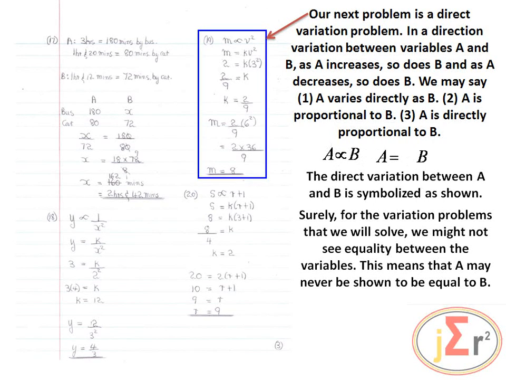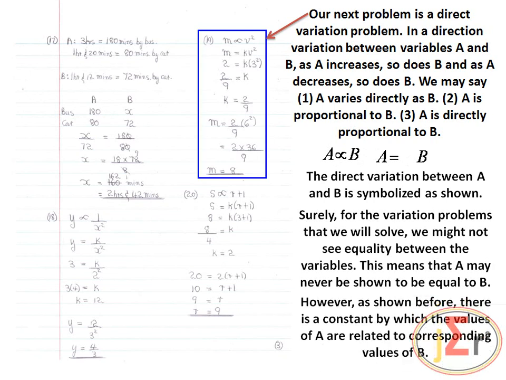Although we may not see equality between A and B, however, as shown before, there is a constant by which the values of A are related to the corresponding values of B. So although they are not equal, that does not mean that we cannot have equality.